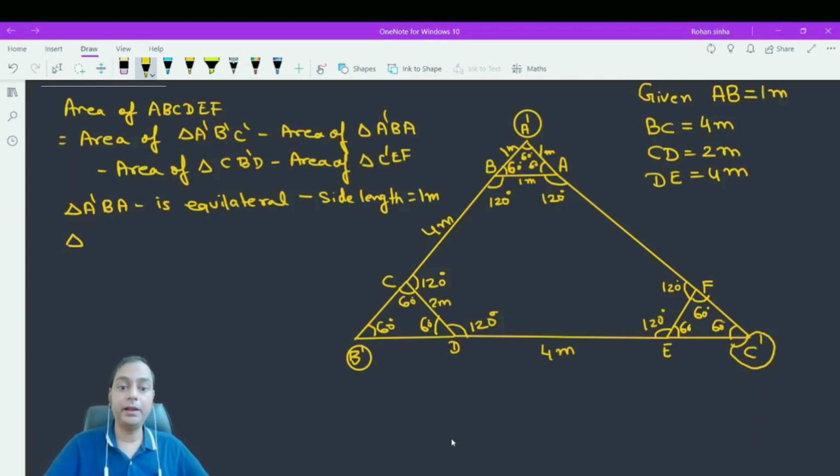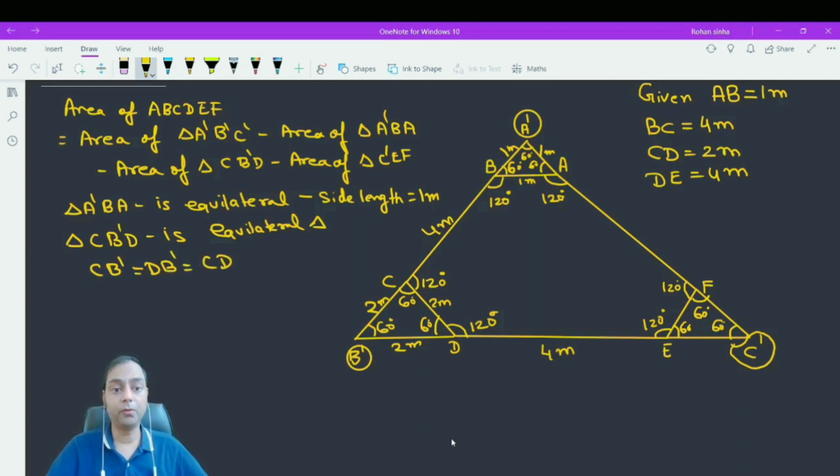Similarly, triangle C B dash D is again an equilateral triangle. So what about the side length? This is 2 meter and this is 2 meter. So we can say that CB dash is equal to DB dash is equal to CD, which is equal to 2 meter.